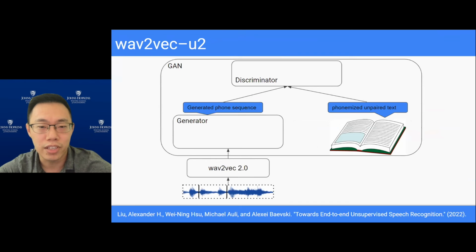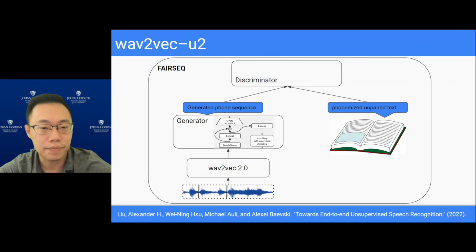The discriminator will try to distinguish between a generated phoneme sequence and the real phonemized unpaired text. So the main idea of the adversarial learning is to force the generator to generate phoneme sequences that can match the distribution of the phoneme language model from the real text.